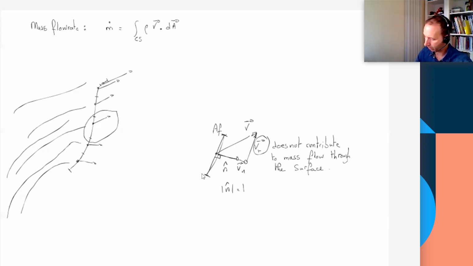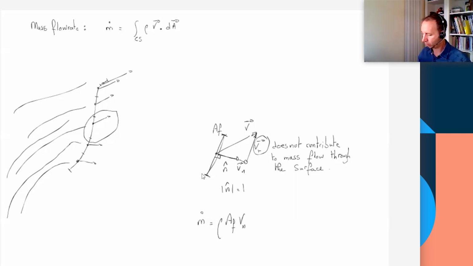So if we were to write the mass flow rate through that surface, it is the magnitude of the normal component multiplied by the area and multiplied by the density. If you multiply Vn by AF, you get units of meter cube per second, and multiplying by density in kilogram per meter cube, m dot has units of kilogram per second.